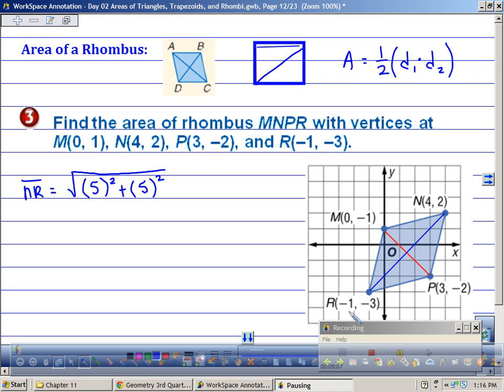If you're at -1 on the x-axis, how far do you have to go to your right to get to 4? 5. It's the same thing. You just have to think about what it means. How far is it between my x's, and how far is it between my y's? So what is this? Isn't this 5 squared plus 5 squared, which equals 5 root 2?